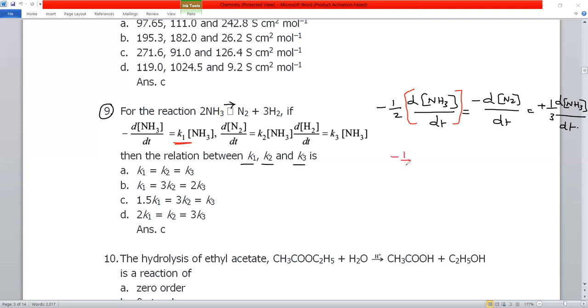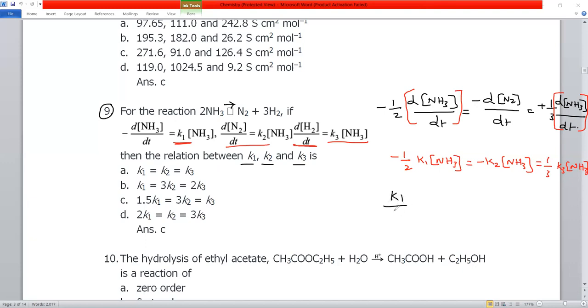So minus 1 by 2 K1 [NH3] equals K2 [NH3], which equals 1 by 3 K3 [NH3]. In all the cases the concentration of NH3 is common. On simplification, we'll get the relationship.